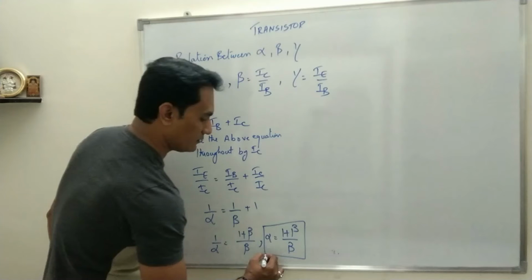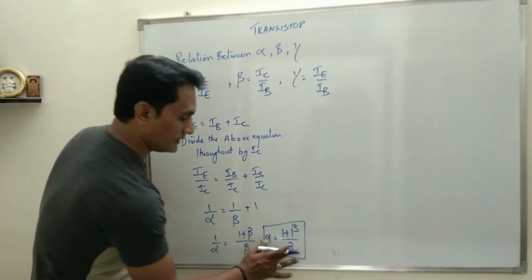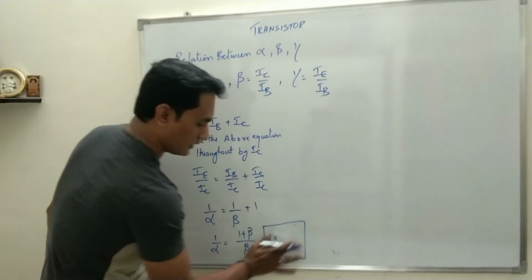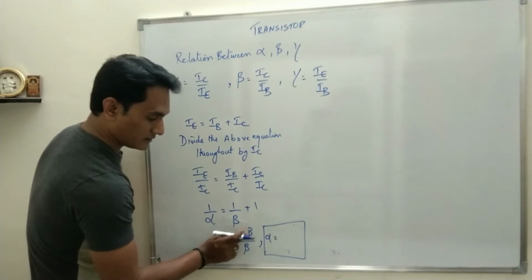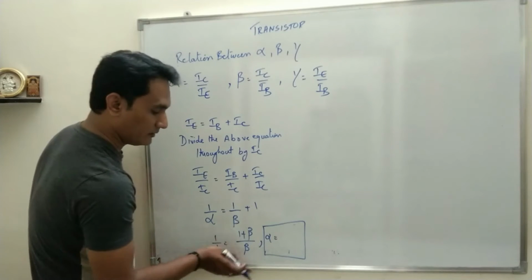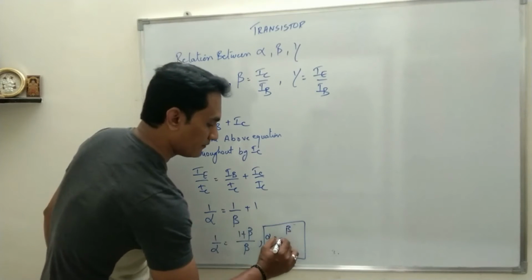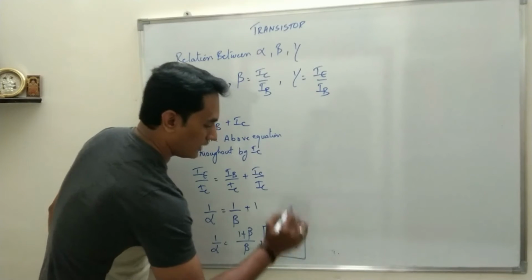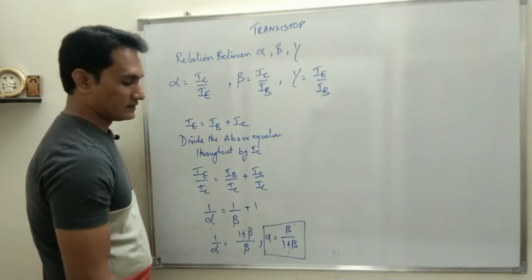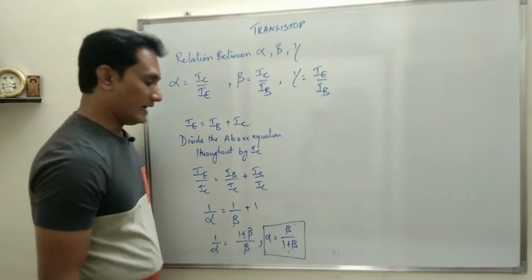So this is the equation. 1 upon alpha is (1 plus beta) upon beta. Alpha will be the reciprocal of this, beta upon (1 plus beta). So this is the relationship between alpha and beta.